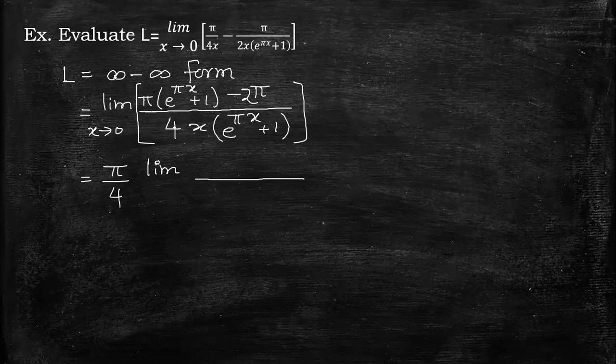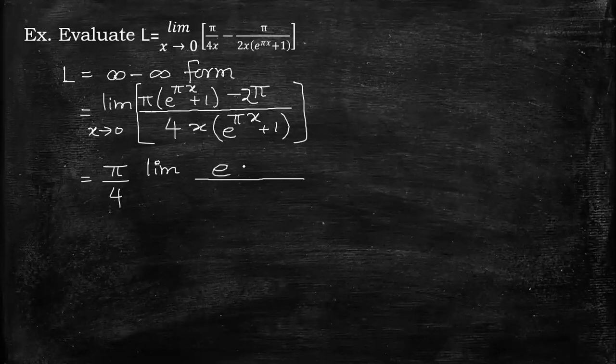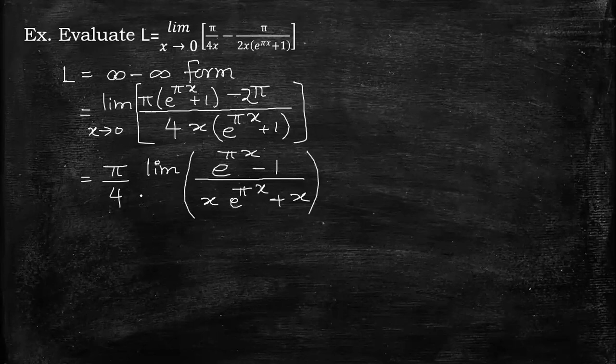As pi has been taken away, we are remaining with e to the power pi into x plus 1 minus 2, and that is nothing but e to the power pi x minus 1. And in the denominator, we are remaining with x into bracket, which simplifies to x into e to the power pi x plus x, as x tends to 0.